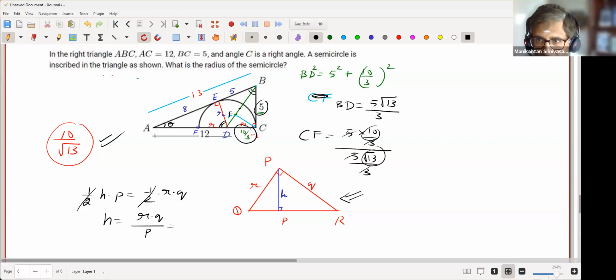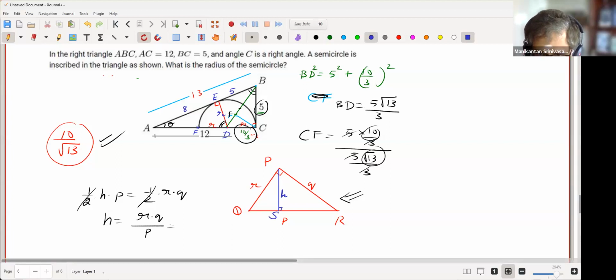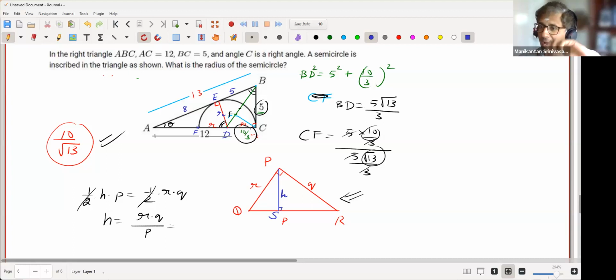Small p is actually the side, so I'll label this as S. Generally small letters are used for the sides and capital letters for points. So if PQS is similar to the triangle PQR, then the ratio of R is to H should be the same as Q is to P. Correct. That's how it comes. The similarity works.